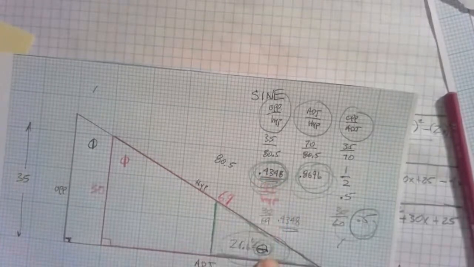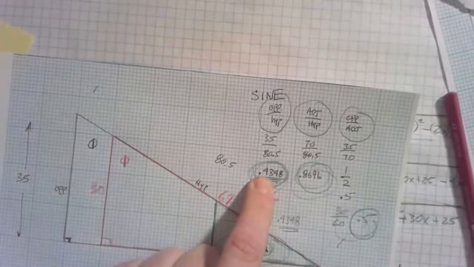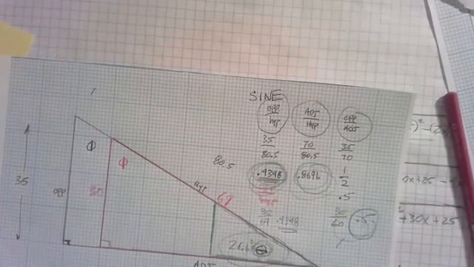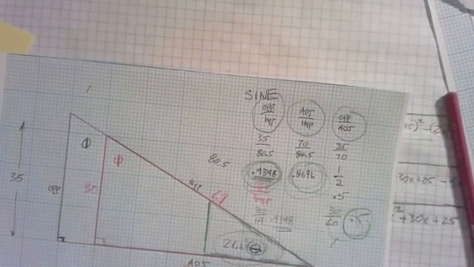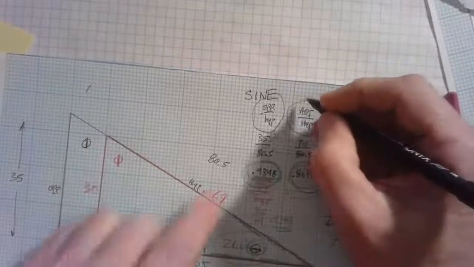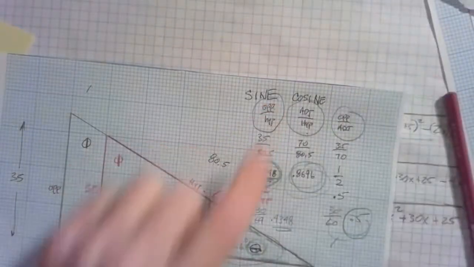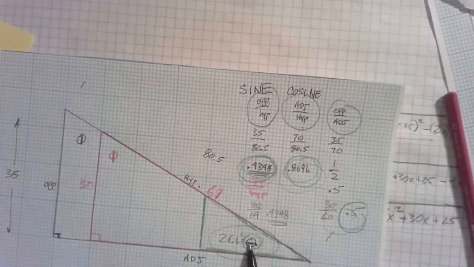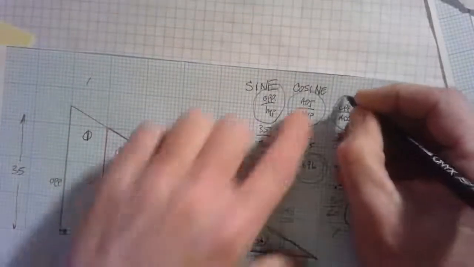If you have a different angle, for example, a 30-degree angle, that actually will be 0.5, strangely enough. The adjacent over the hypotenuse, so this over the hypotenuse, is called the cosine. And the opposite over the adjacent, that ratio is called the tangent.